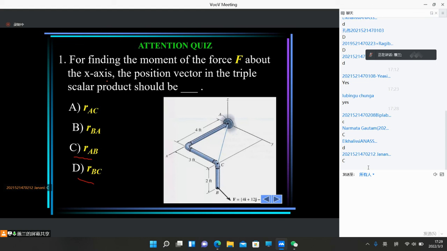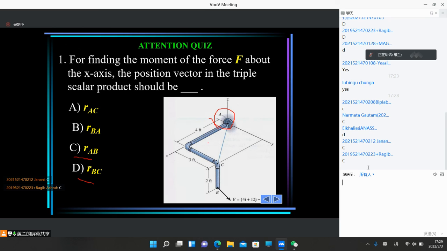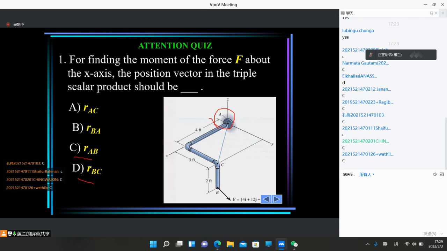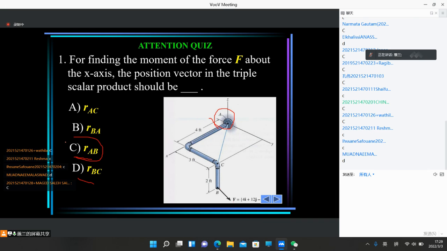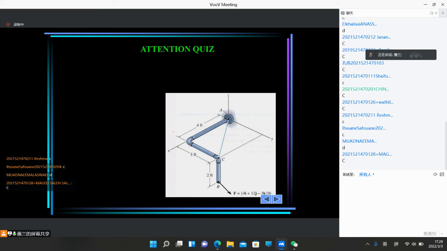Only A is on the x-axis, right? And then the starting point is A, and the ending point should be located on the line of action of force F, so B. So the answer should be C. Okay, the answer should be C.